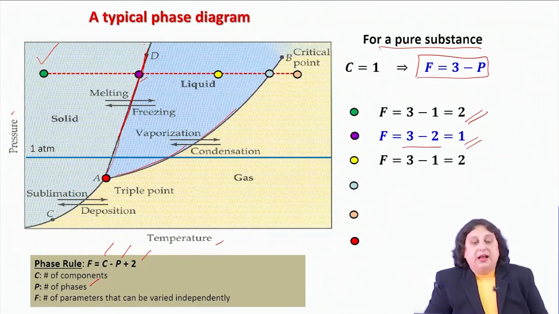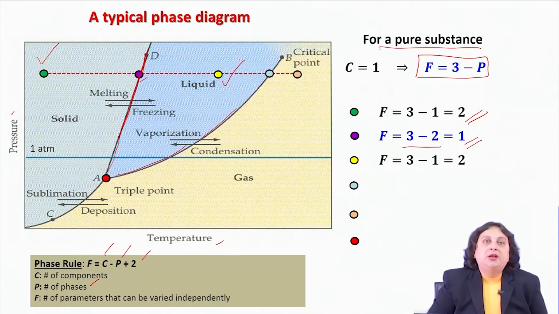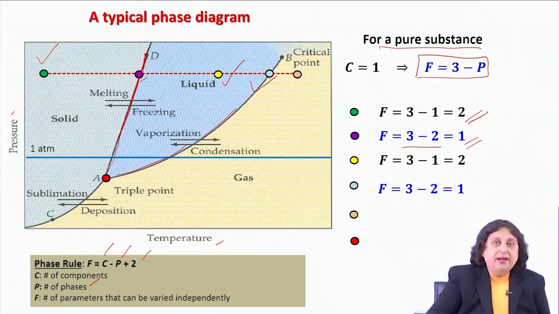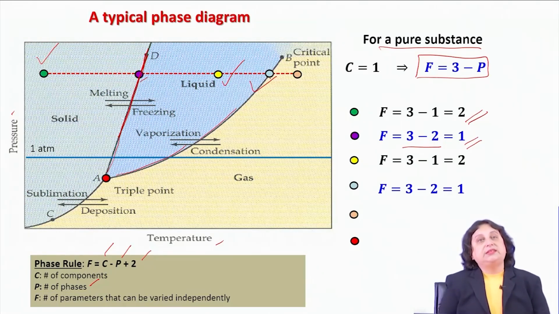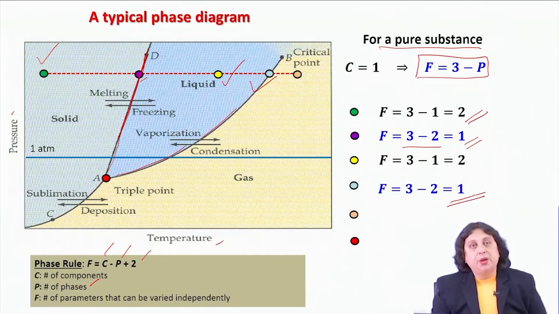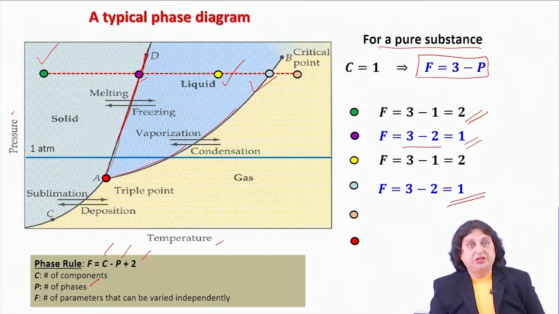Now let us have a look at this point where once again I have a pure liquid phase, and therefore I don't have to have some kind of a dependence of pressure on temperature at which the liquid is at equilibrium. It's a single phase. But the moment I come to this particular point where the liquid and the gas phase are in equilibrium, then once again I have reached that part of the phase diagram where I have only 1 degree of freedom and I cannot vary temperature or pressure independent of each other.